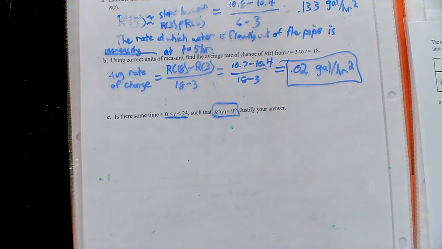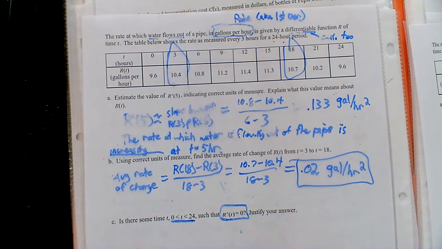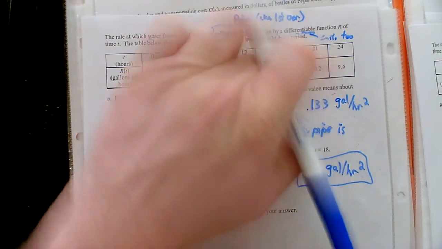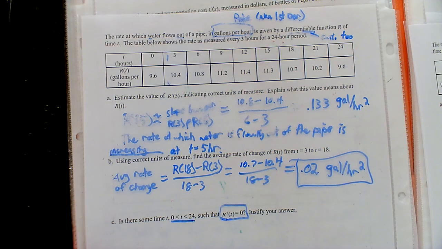Yes, we'll use Rolle's theorem for this, as r of t is continuous, and it is differentiable, and r of a equals r of b, because if you look up 0 and 24, they both equal each other. Rolle's theorem states that if it's continuous on [a, b], differentiable on (a, b), and f of a equals f of b, then there has to be at some point a c where f prime of c equals 0.